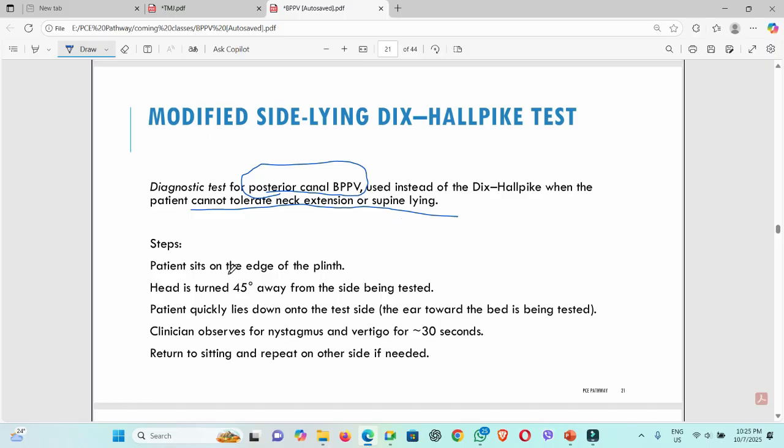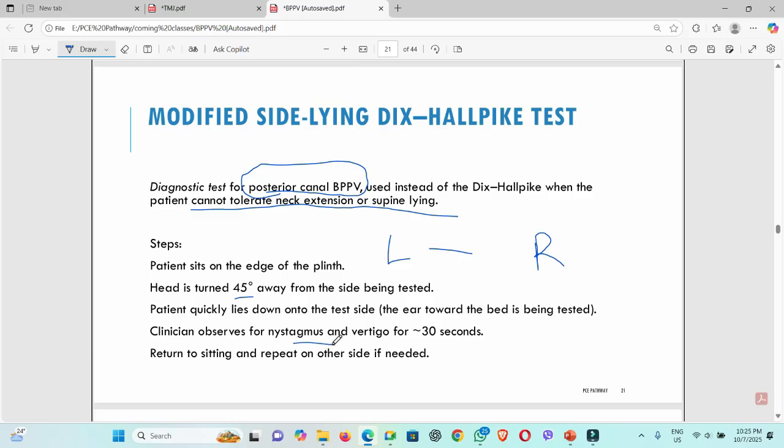Okay, what are the steps? The patient sits on the edge of the plinth, same as Dix-Hallpike. The head is turned 45 degrees away from the side being tested. If you want to test the right side, you turn the head towards the left. The patient quickly lies down on the test side, the right side; the ear towards the bed is being tested.